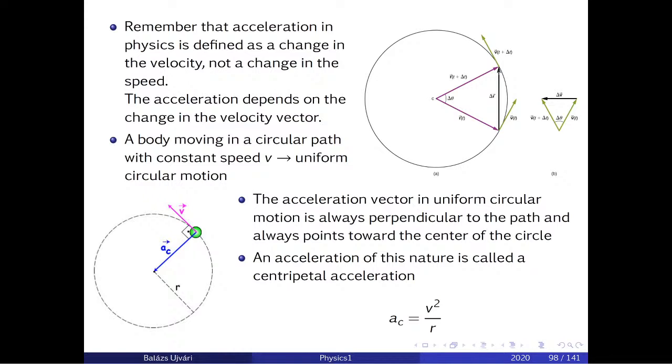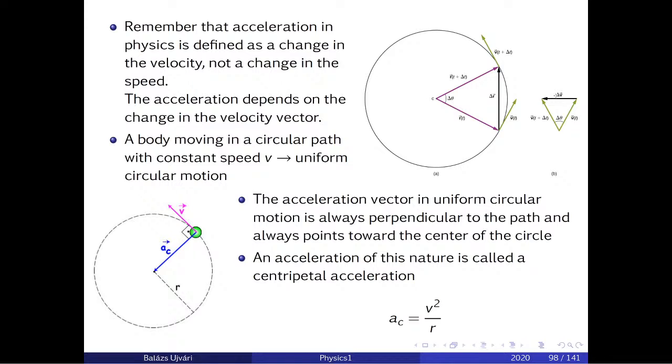Even for uniform circular motion, so constant angular velocity, the velocity vector changes since it moves around. If the absolute value of v is constant, for example 1 meter per second, here it points in this direction, here it points in that direction. So if you calculate the difference of the velocity, you will have some non-zero delta v.